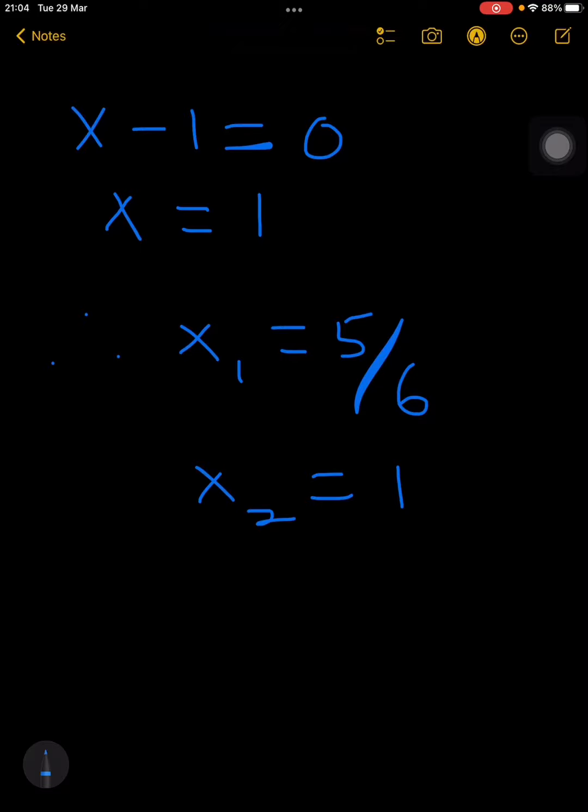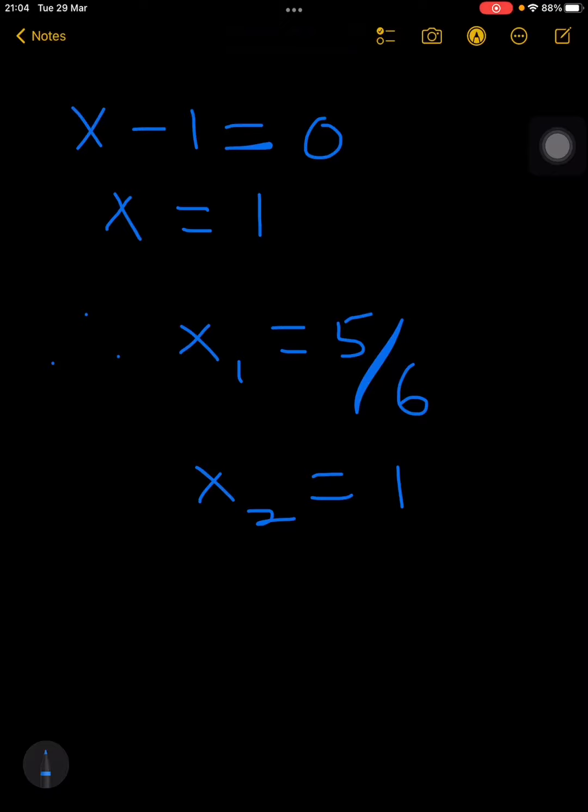If you go back and substitute these values into the equations, you should get 0 is equals to 0. If I substitute x1 is equals to 5 over 6, so I go to 6x squared, where I have x, I substitute with 5 over 6. So I'll have 6 multiplied by 5 over 6 squared minus 11 multiplied by 5 over 6 plus 5.